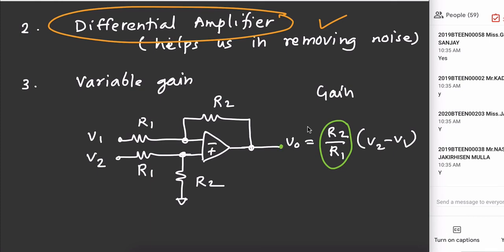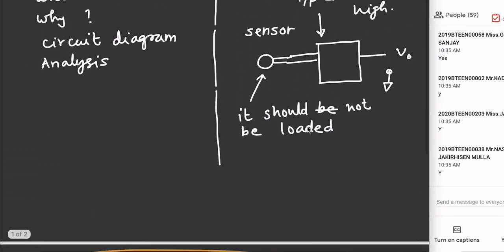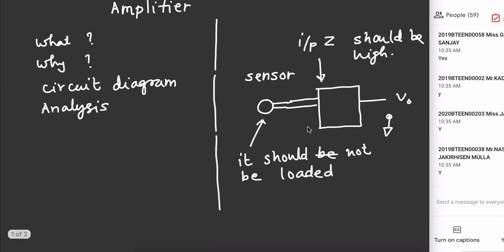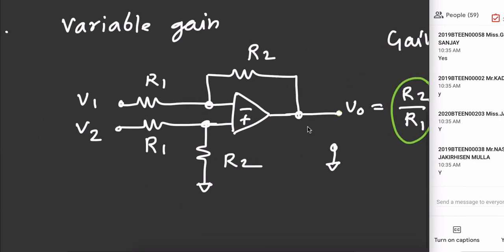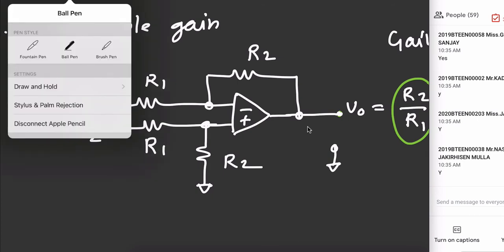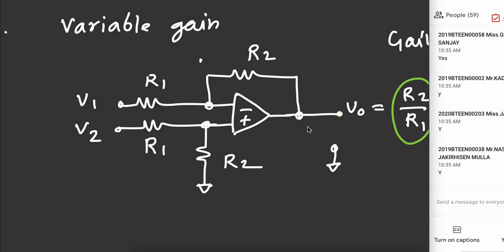Right. Now we want the first one, that is its impedance should be very high. Now if you look at this particular circuit diagram, and if we assume that we have a sensor here, I am connecting only one sensor for time being, then because of this R1 R2 there will be a current.